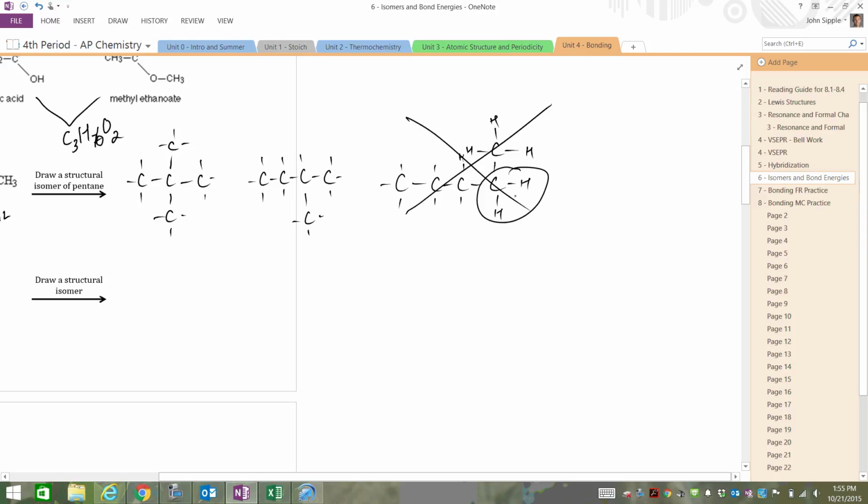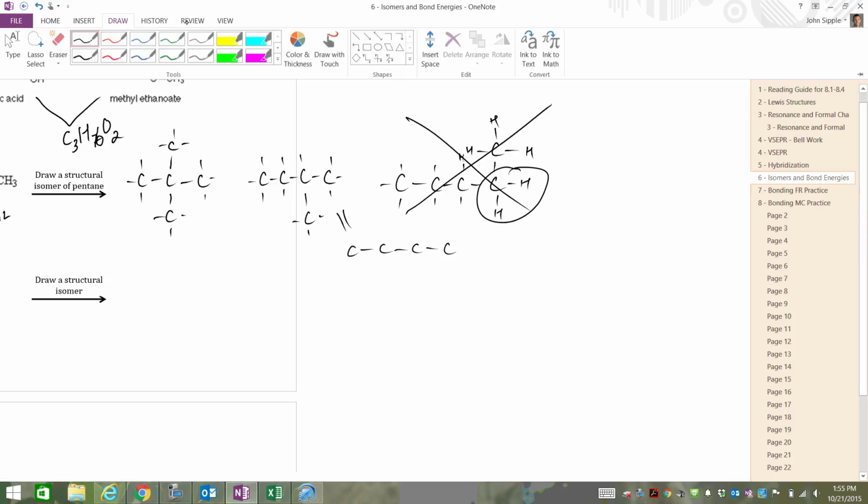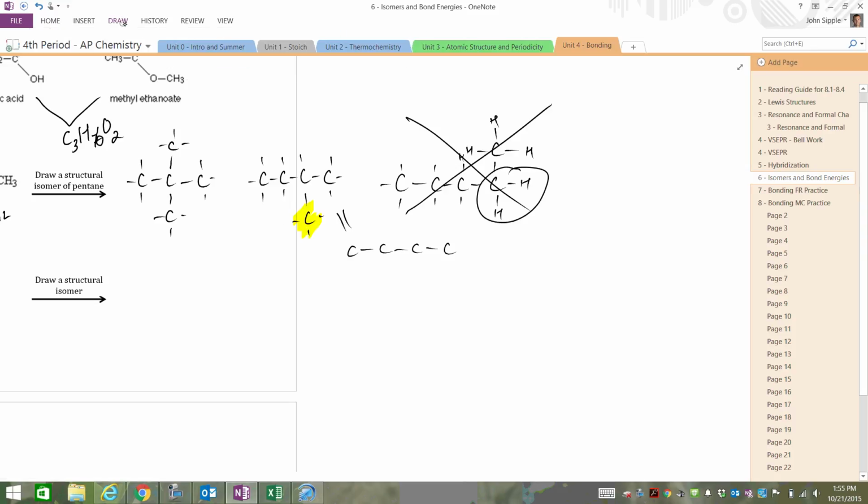If I moved this group over to that carbon here, that's not a new structure. It's just a mirror image. I've already drawn it, so that doesn't work. You can't draw a mirror image of it. That's the same structure, so it doesn't count as an isomer.